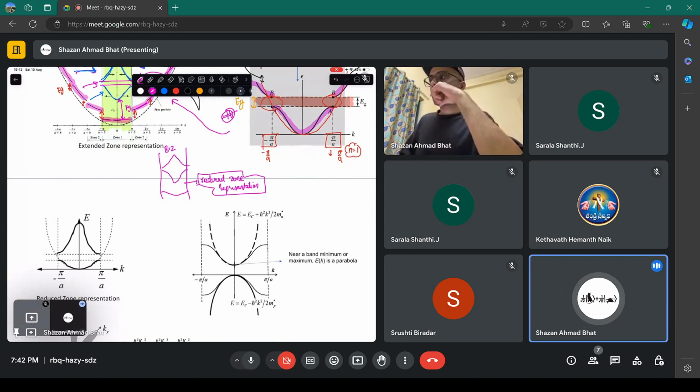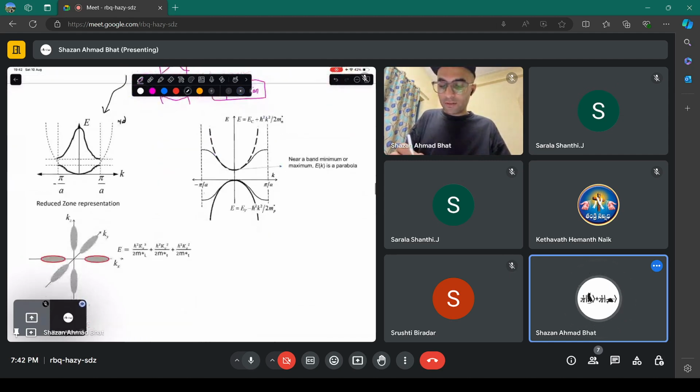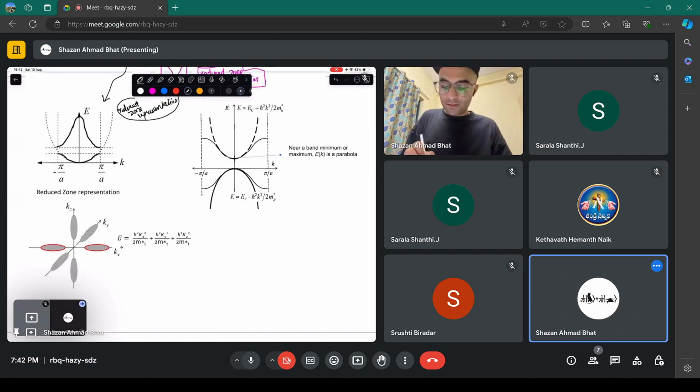Okay, so now this picture goes here, the same reduced zone representation, and you get an E-k diagram, the one which is shown in the books, the simplistic one. So there is a band above this also, and this bottom is called the conduction band, this top is called the valence band.